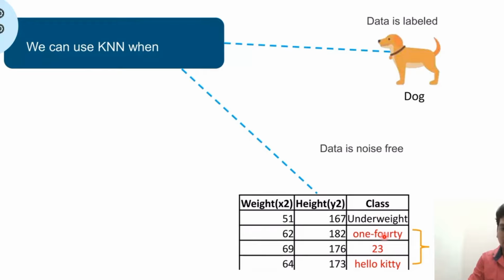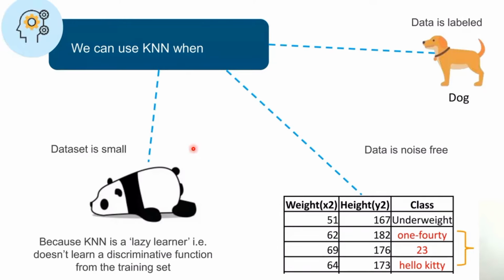Here in the class column there are some errors that we call noise, undesired data present in it. Then the third thing is that the size of the data set should be small because the KNN algorithm is a very lazy learner.